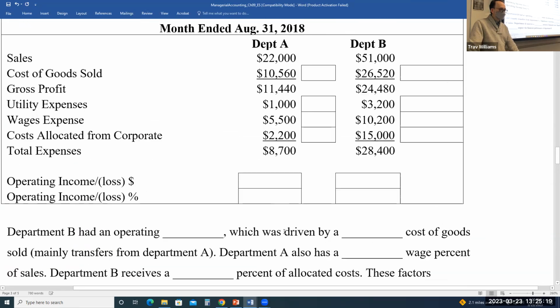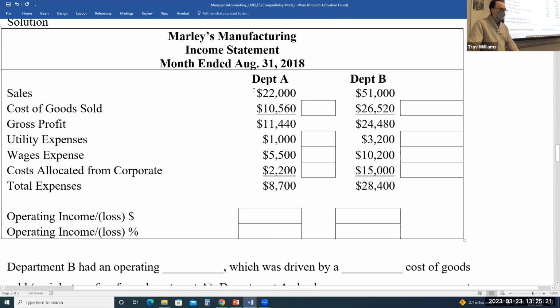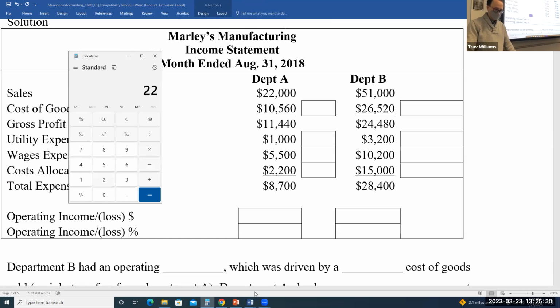Well, that's pretty easy to address. Again, $22,000 is what we bought from Department A, right? I could just say minus 15. No, actually, no. I take that back. Do it like this. $22,000 times 15%. If they drop their price 15%, that saves us $3,300.